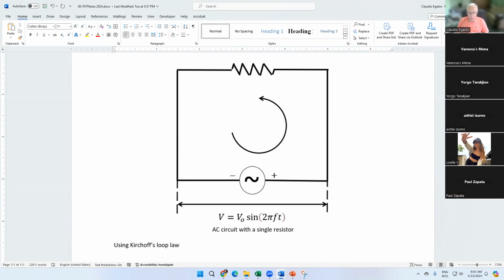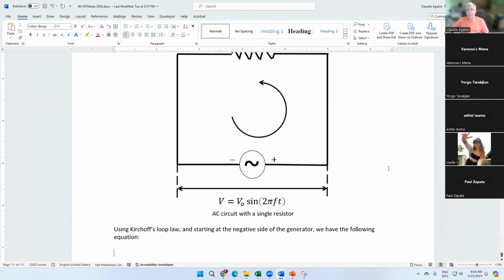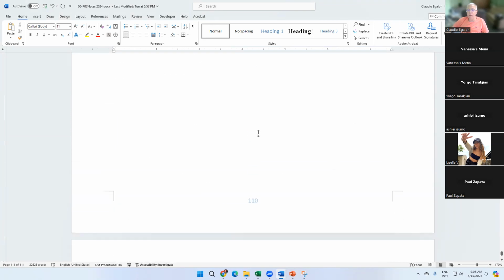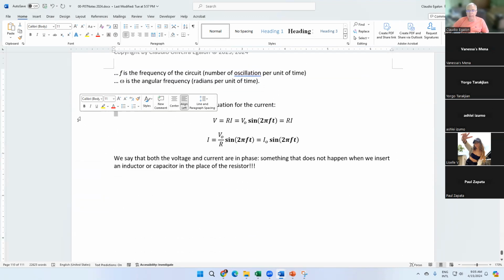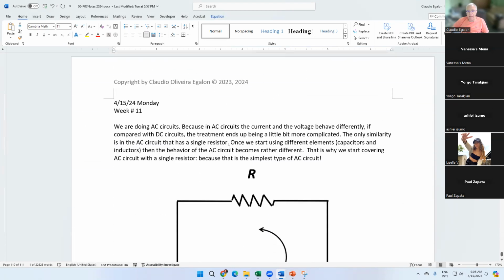Starting at the negative side of the generator, we have the following equation. Okay, so we are going to go from the negative side here. We are going to jump to the positive side of the generator, right? What do we end up having?